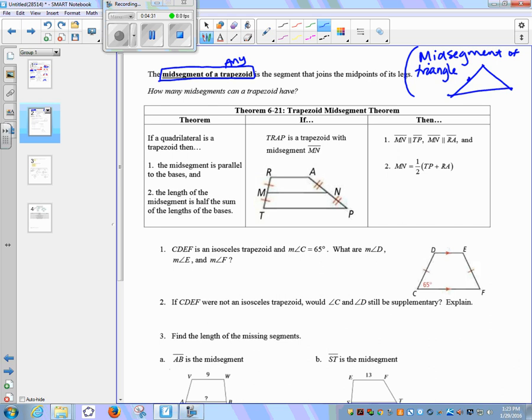If we had midpoints of all the sides, and then we connected them, that was called the midsegment. Sometimes we drew all the midsegments in, or you can just think about the one midsegment at a time.